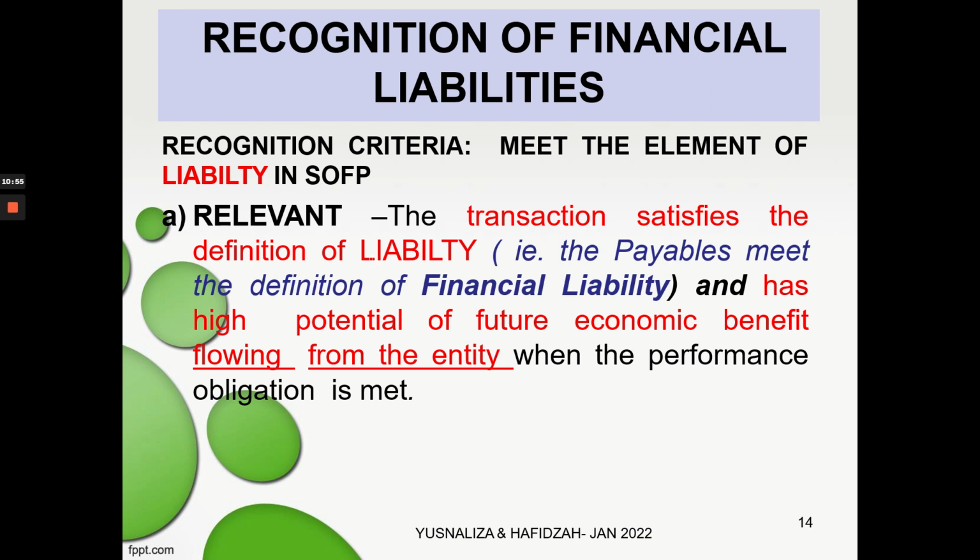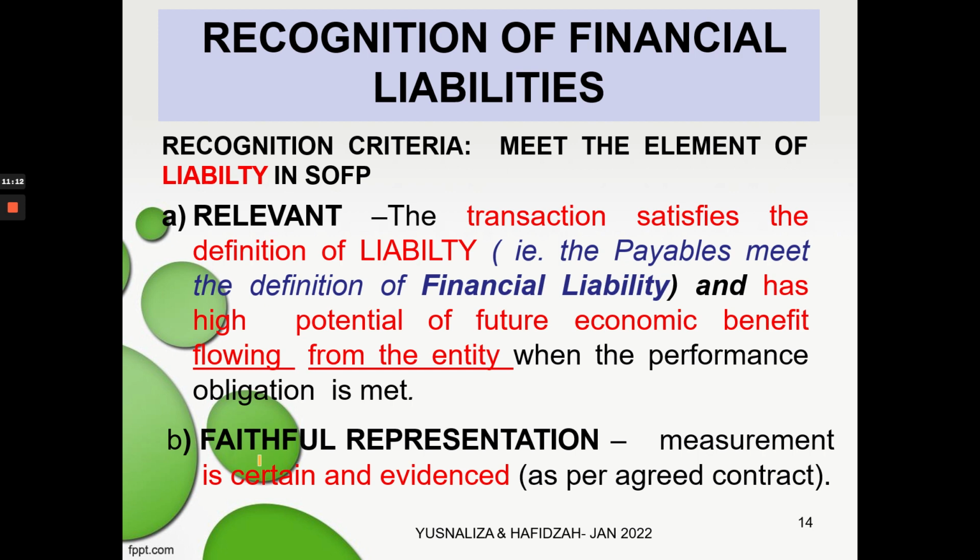So the transaction will satisfy the definition of liabilities if it meets the definition of a financial liability, and that has a high potential of future economic benefits flowing from the entity when the performance obligation is met. And the second one is faithful representation, where we can measure with certainty, and the measurement of how much the financial liability is, is evidenced as per the so-called agreed contract.